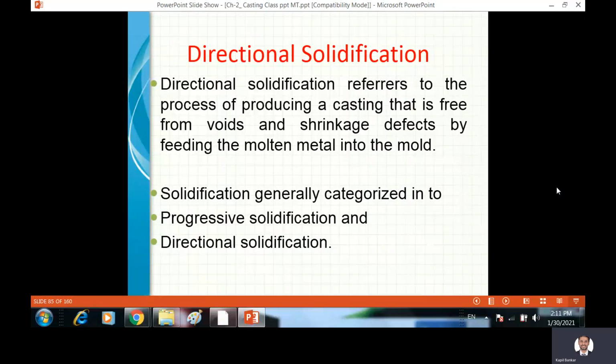Directional solidification refers to the process of producing a casting that is free from voids and shrinkage defects by feeding the molten metal into the mold.